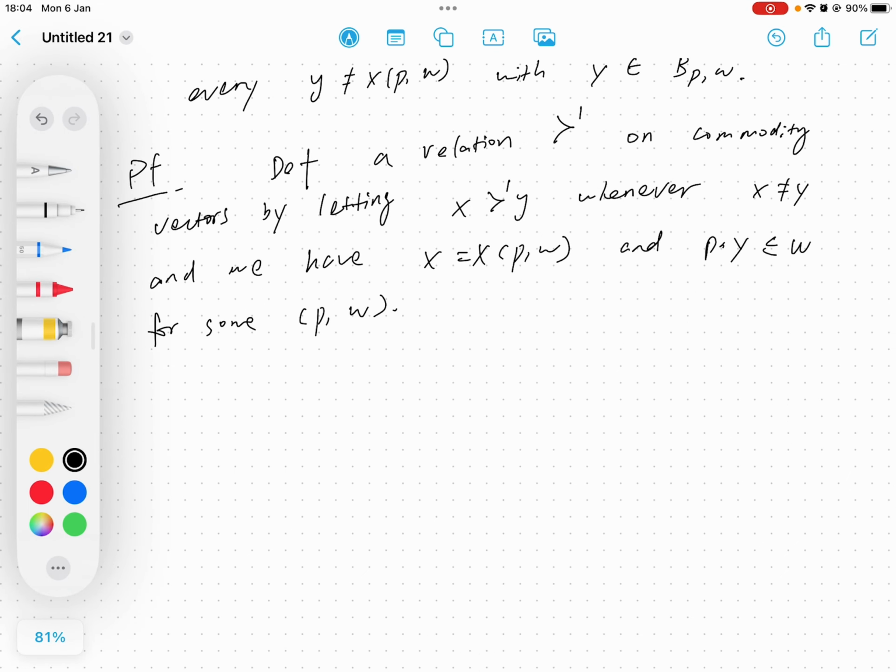This is still straightforward. And then this relation, this little 1, can be read as directly revealed preferred to.